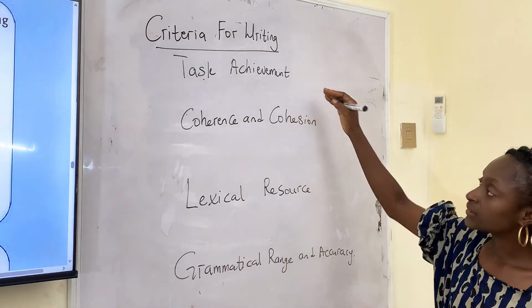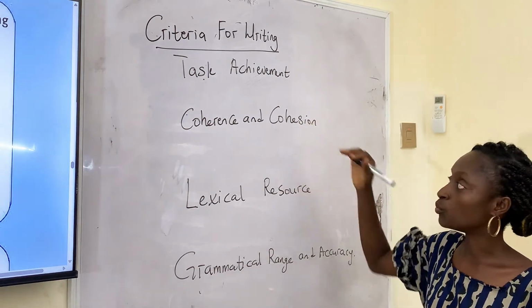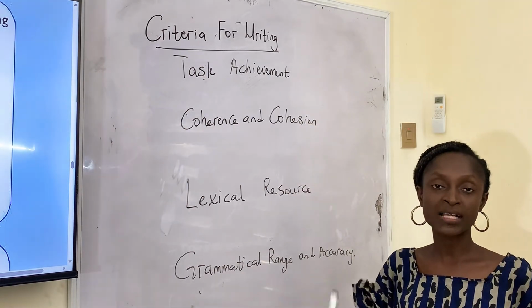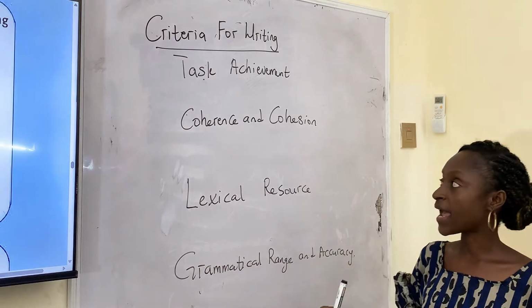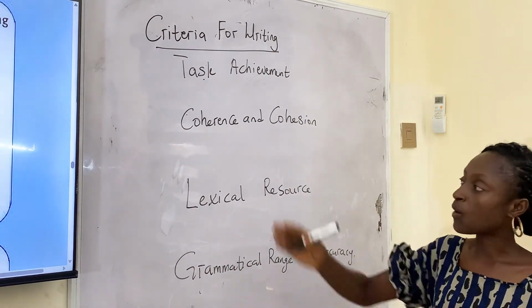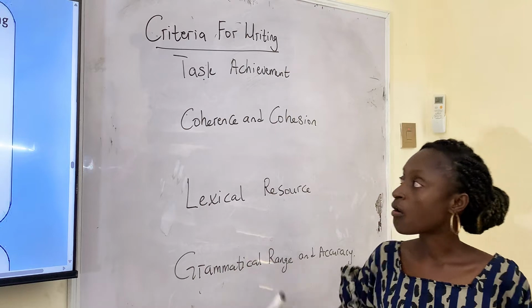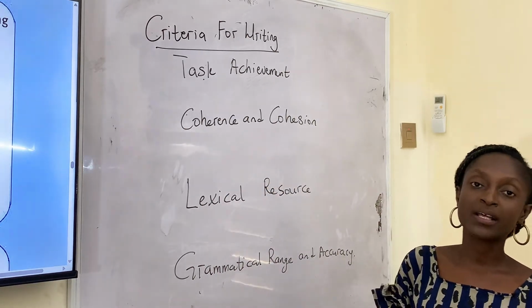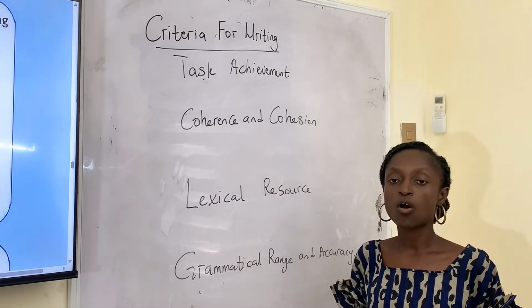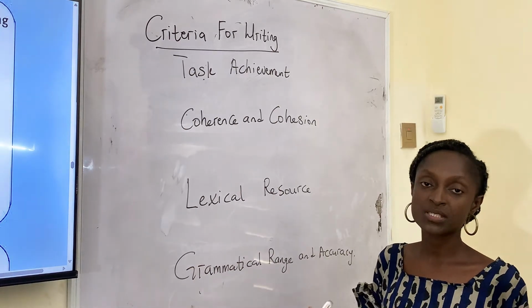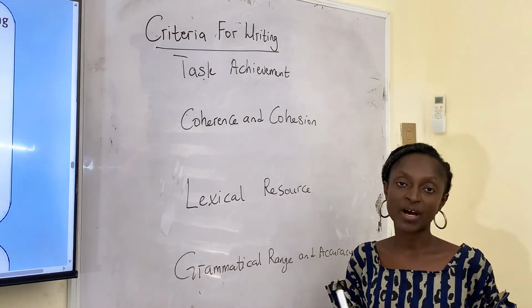So after that, we have the second one, which is coherence and cohesion. Now, what does coherence mean? Coherence simply means the orderly arrangement of our letter, or let me say the organization of our letter.